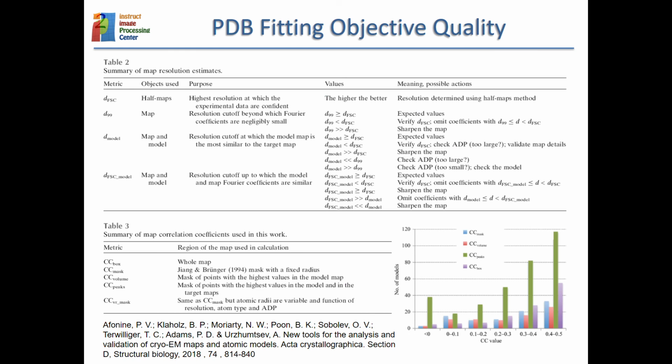And there is also a very nice paper, relatively recent, a couple of years ago, where they make a lot of comparisons of different measures of the similarity between a map and an atomic model.